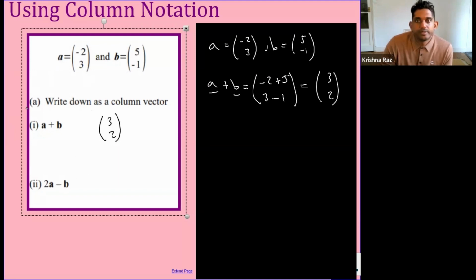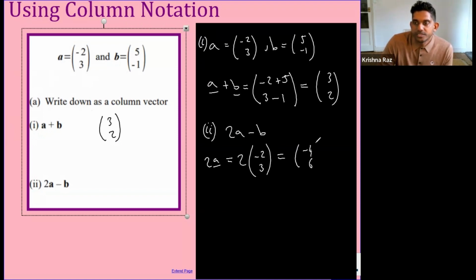Then part 2 of a is 2a minus b. First we need the vector 2a, which is 2 times (-2, 3), which is (-4, 6).